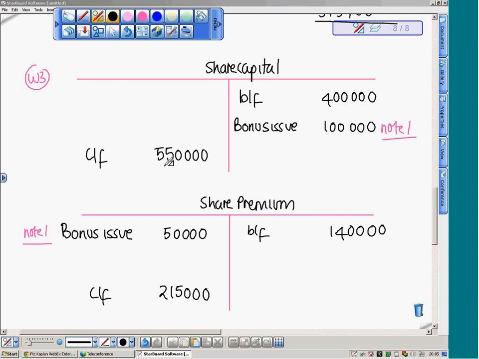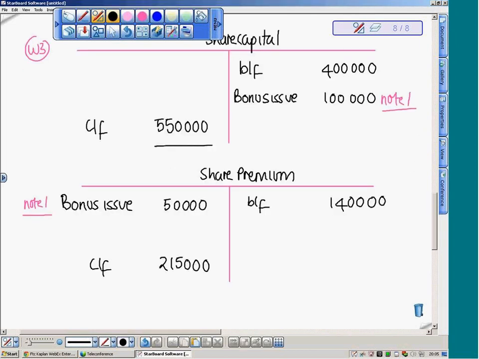Okay, what we'll now do is try and balance off our accounts. You will find that there is an imbalance of 50,000. Okay, assume that is the issue made during the year and the cash proceeds we've received on it.